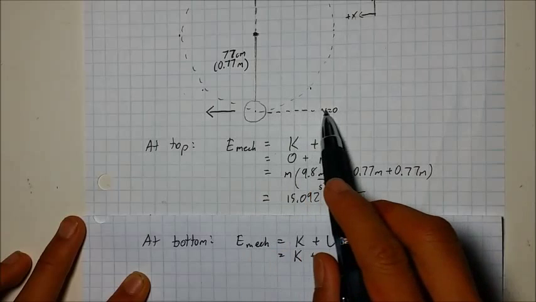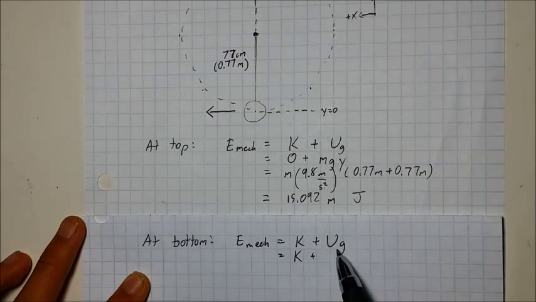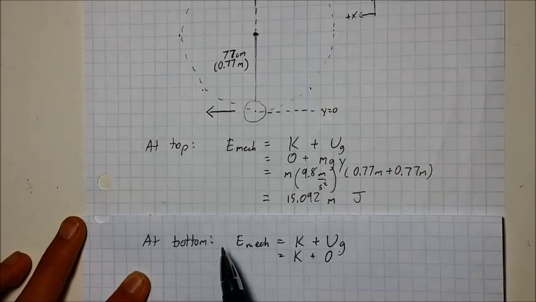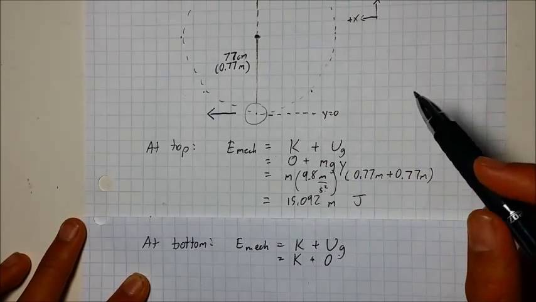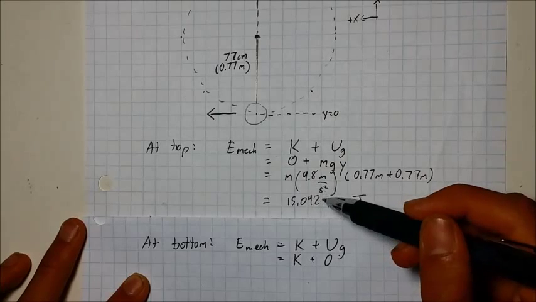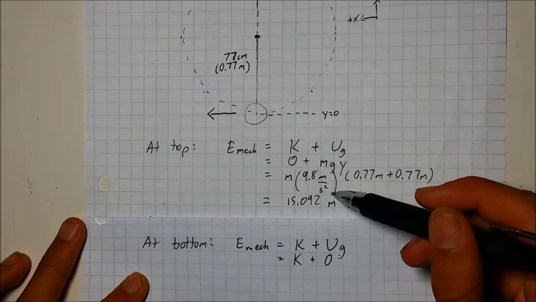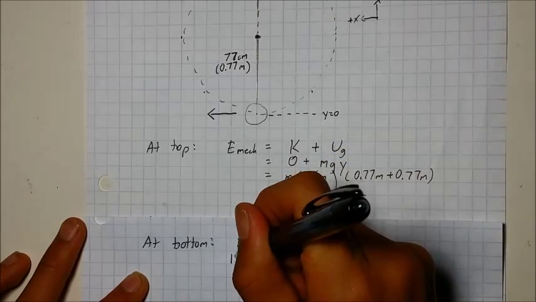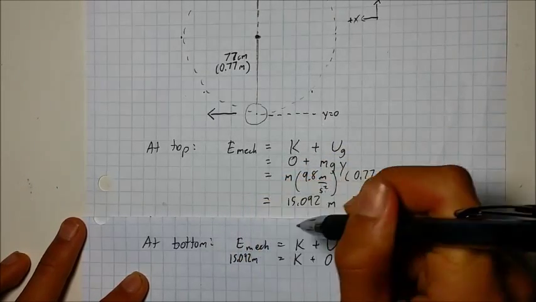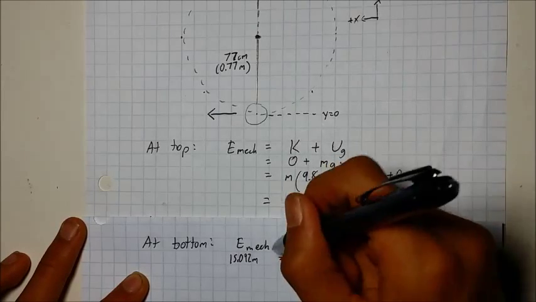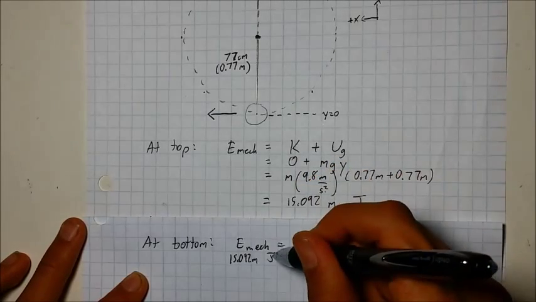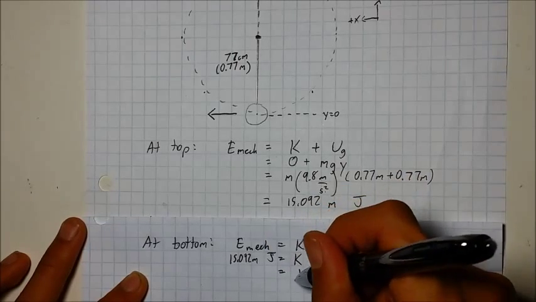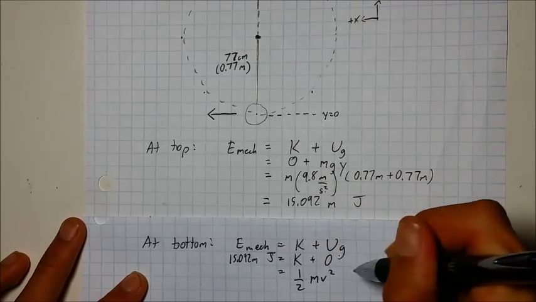And since we said that at the bottom y is equal to 0, therefore the potential energy at the bottom must be equal to 0. And since in this whole problem energy is conserved, the energy we found at the top is the same energy of the system at the bottom, which is 15.092 m, where m is mass, not meters, in joules. Joules is the unit. Alright, now we can substitute this in for k.